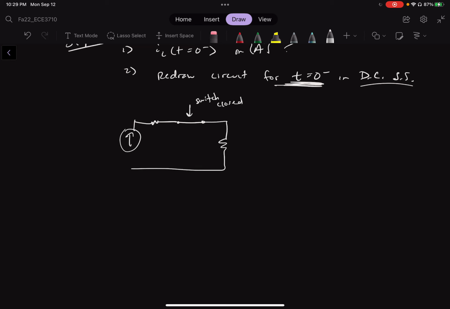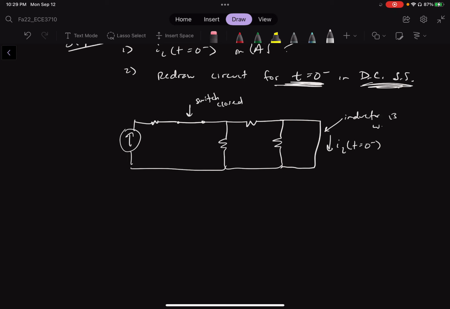Then we have a resistor, another resistor, another resistor. Then we have our wire because we're in DC steady state. Nope, I don't got enough room for the minus sign. All right, inductor is wire in DC steady state.